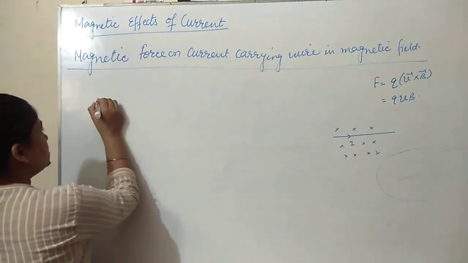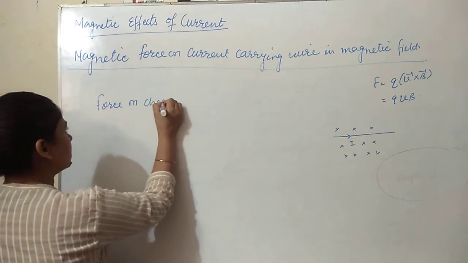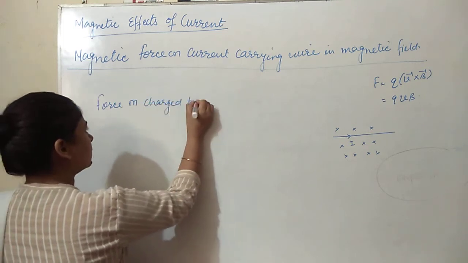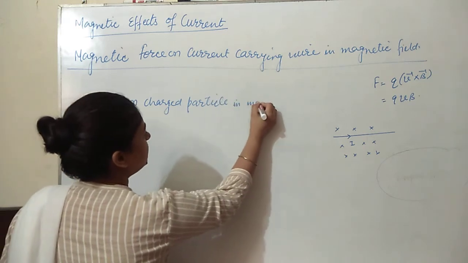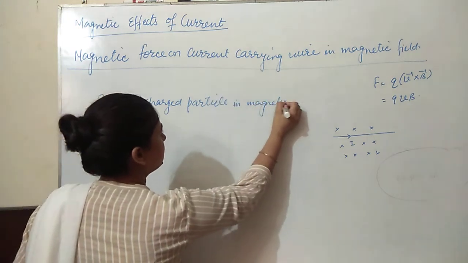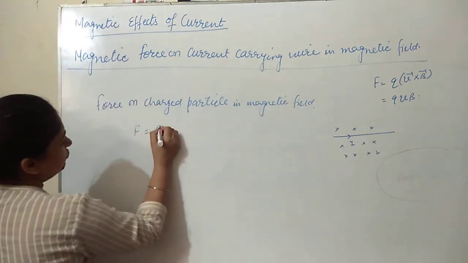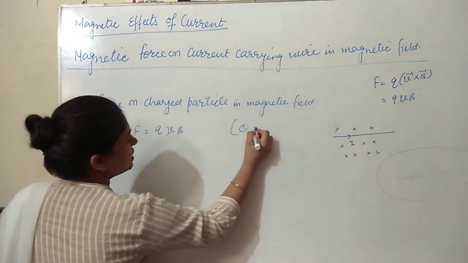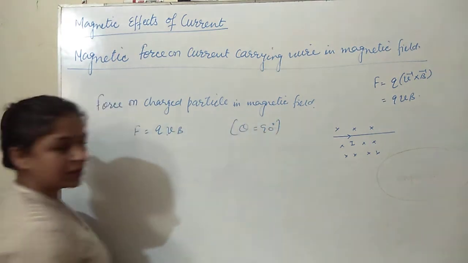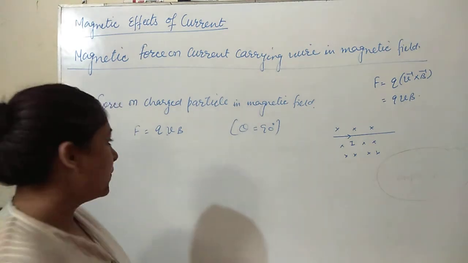Force on a charged particle in magnetic field, that we know, is QVB. Here I am taking theta as 90 degree, QVB sin 90, and sin 90 is 1.